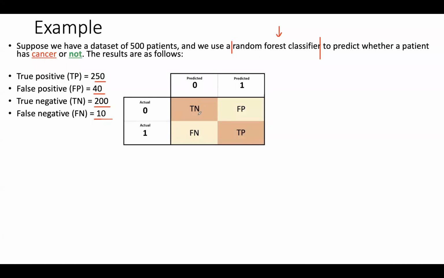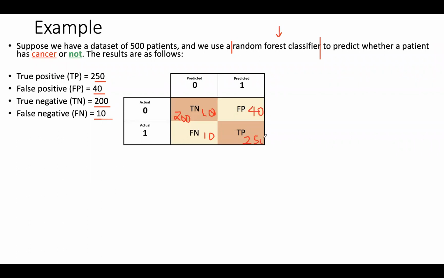True negative is 200, and then false negative, we have 10. So let me just write this correctly here. We have 200. False positive, we have 40. And then true positive, we have 250.